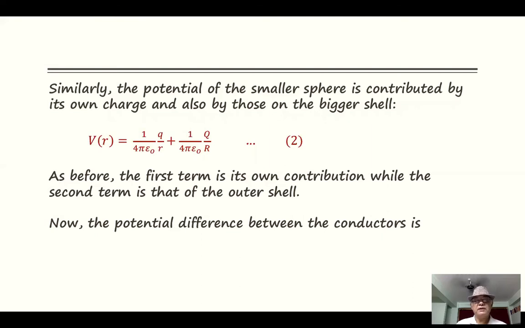Now, the potential difference between the conductors is delta V, we call it delta V, equal to potential of the smaller sphere minus potential of the bigger sphere. We put the values and we get this expression.